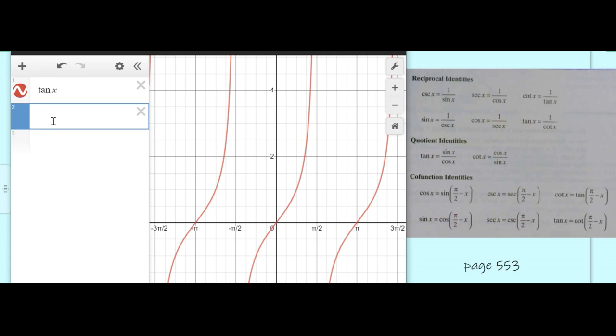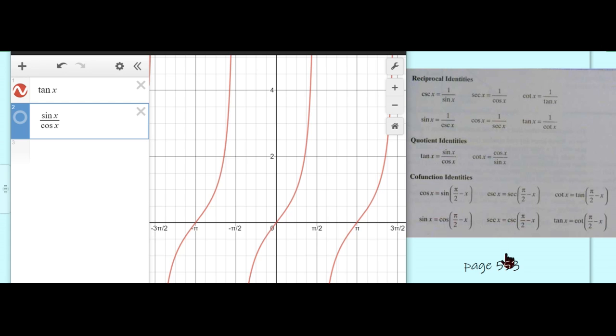And let's ask Desmos to graph a quotient, sine of x divided by cosine of x. It's not as exciting as watching on the calculator because it does it a little bit at a time, but most graphs it does quickly. But these are the exact same graph. So this is an identity.